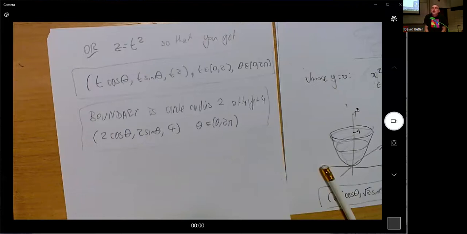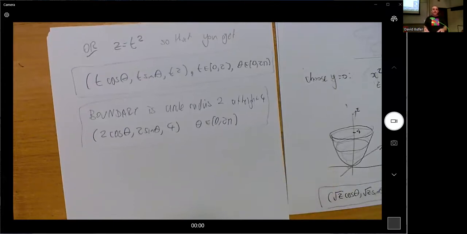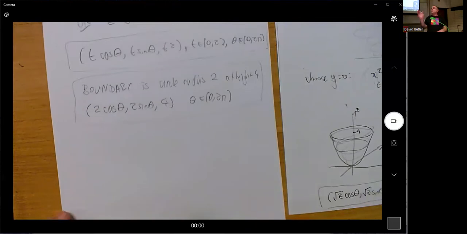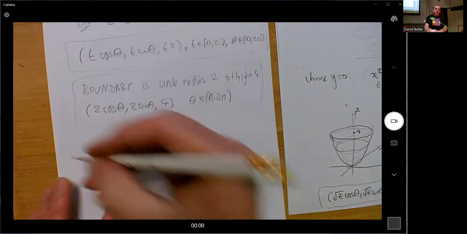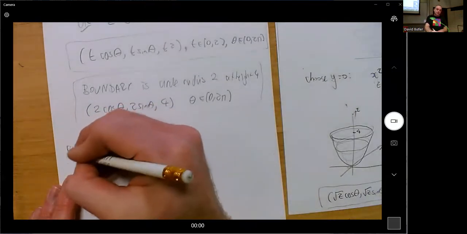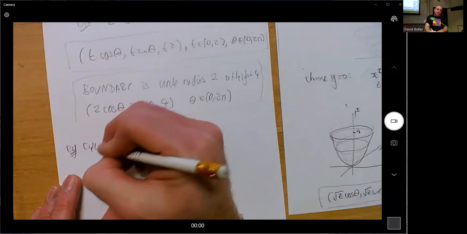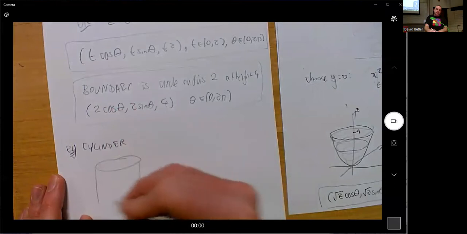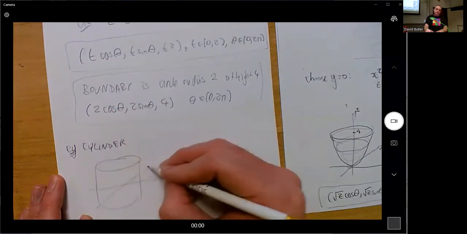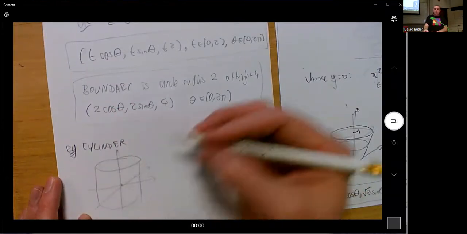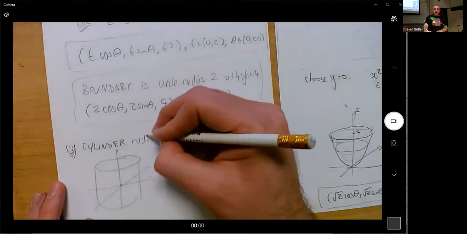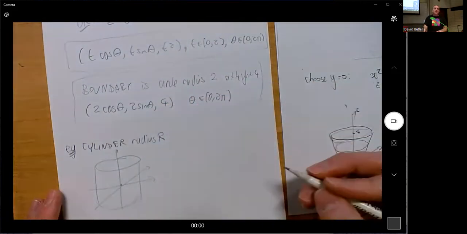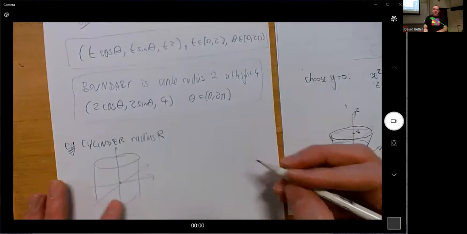Okay. I can't think of any off the top of my head right now. Yeah. So just so you know, your cylinder, radius R, will have parameterization.